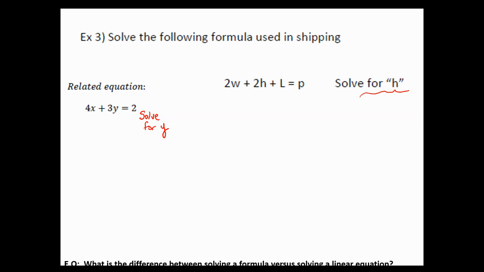Okay, so here we go. If we were to solve 4x plus 3y equals 2 for y, you did that when you were graphing lines. We'll be doing a ton of that in chapter 2. So that means we want to get this alone, so we have to pop this over. I'm going to move this to the other side.